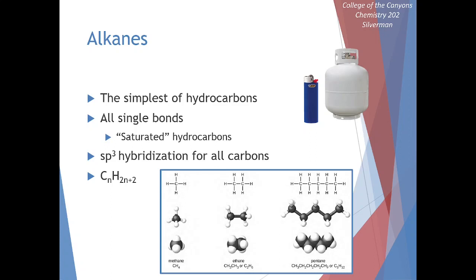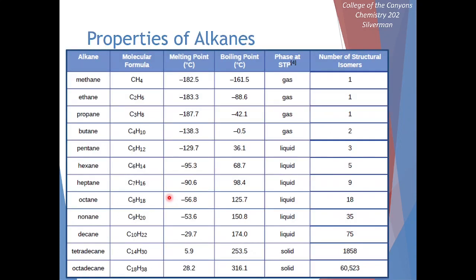If we're thinking about the properties of our alkanes, sp3 hybridization, carbon and hydrogen, we do not get to have hydrogen bonding. We're going to have non-polar molecules. The properties are going to be dictated by London dispersion forces. And so we can start to see the size of our molecule will start to influence its melting point, its boiling point, and its phase.